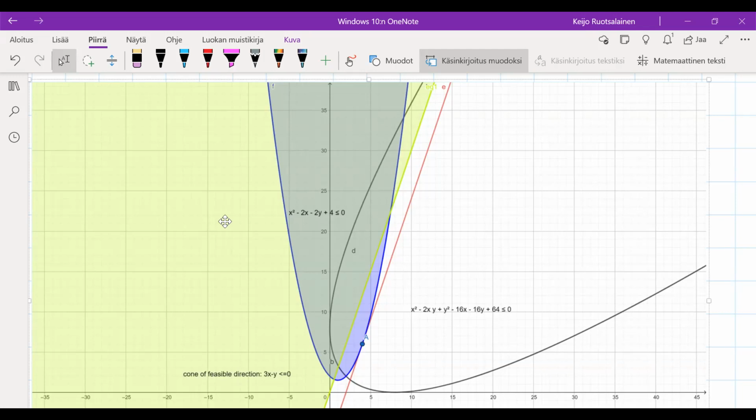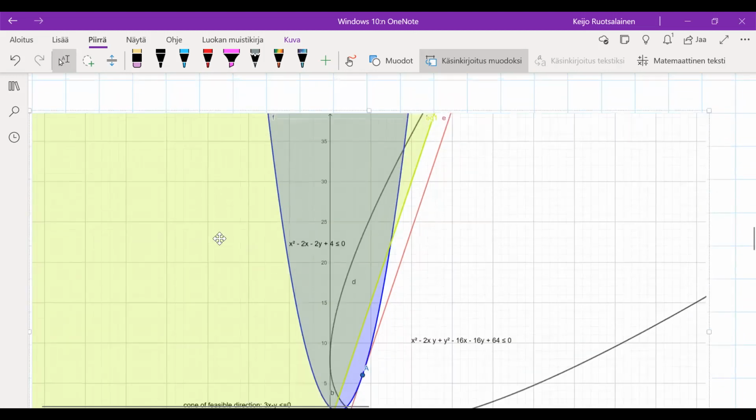If you take x squared, it's 16, minus 2 times 4, it's 8. So 16 minus 8 is 8, minus 2 times 6, it's 12, and plus 4.